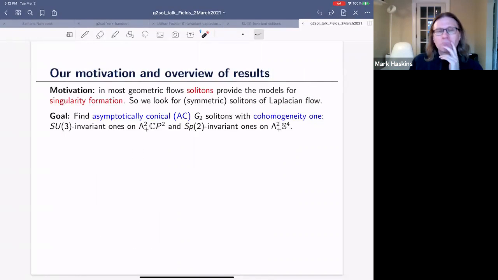So in some sense, what we're going to look at is solitons in the Laplacian flow that have a reasonable but not maximal symmetry. Maximal symmetry would be to ask that these things are homogeneous.